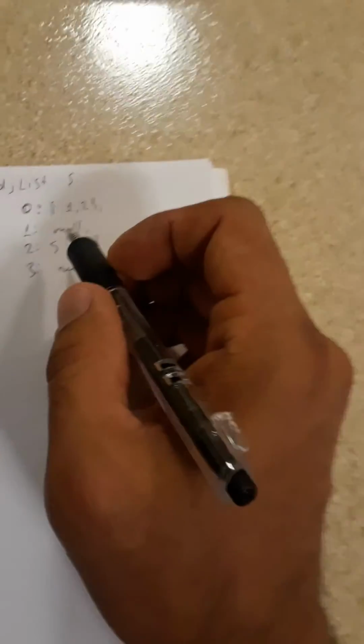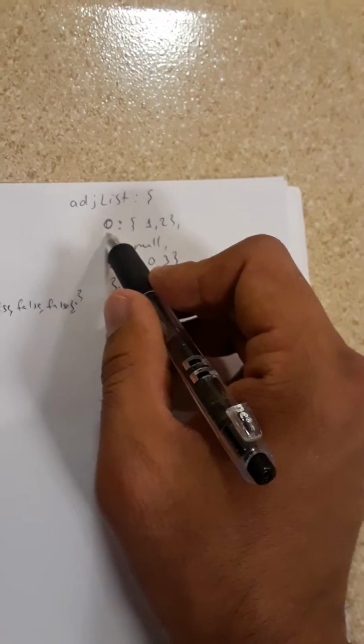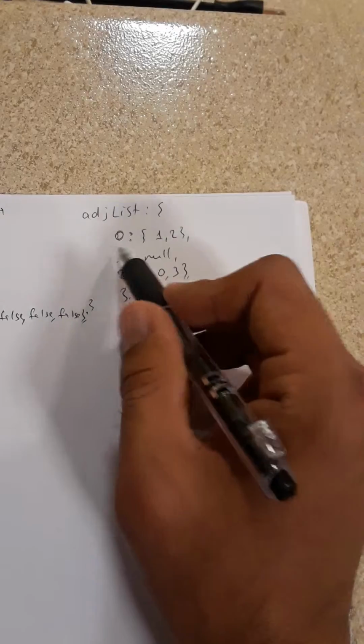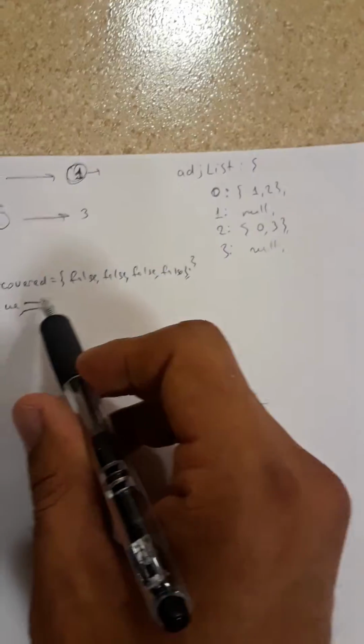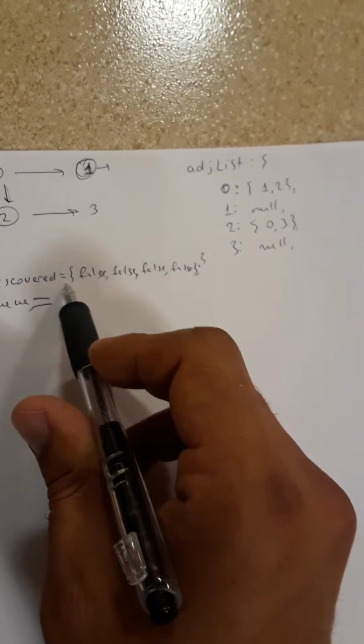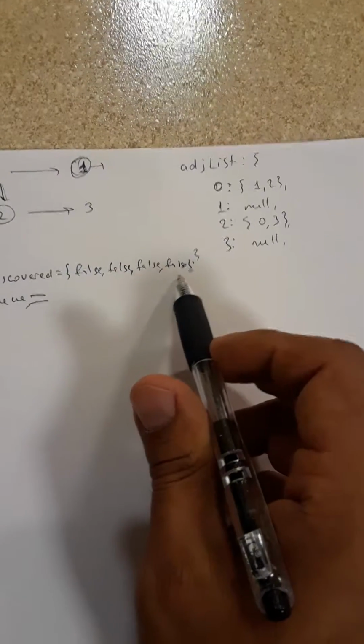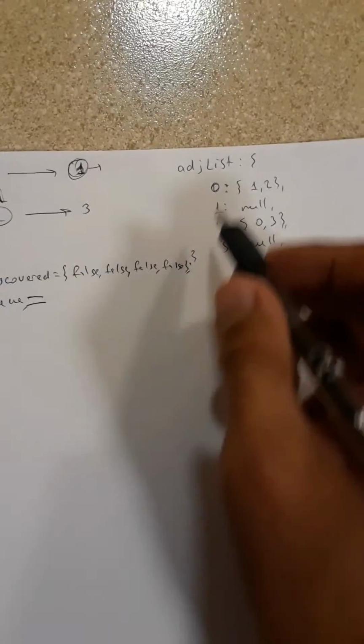Also, in order to avoid double checking each edge in the list, we will use a Boolean array, which will be the size of the list.